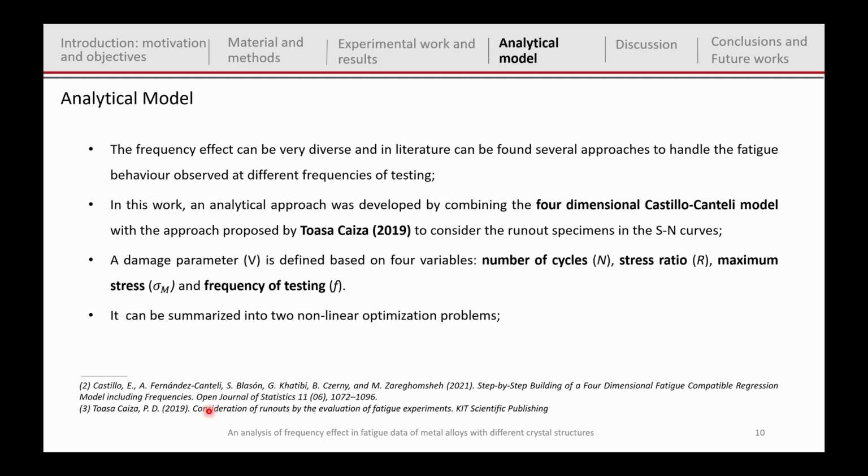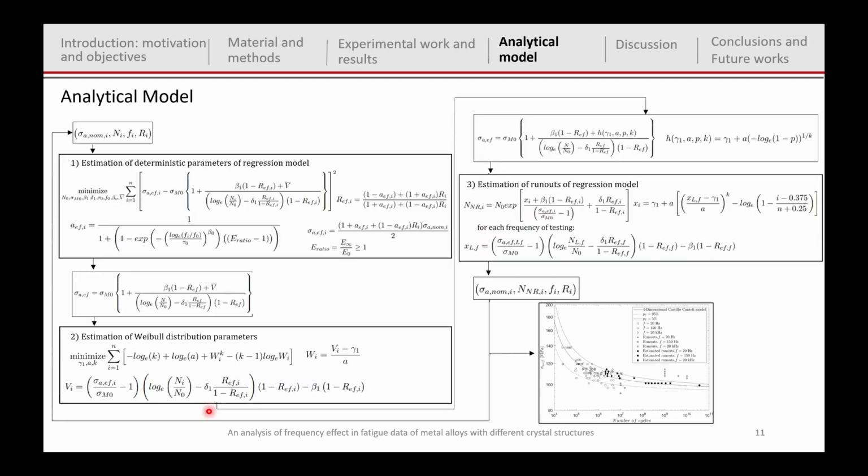They are very interesting models because, for example, for the Castillo-Canteli model, they basically define a damage parameter based on four variables: the number of cycles, the stress ratio, the maximum stress, and of course, the most interesting part, frequency of testing. And you can see here a summary of the algorithm that we defined and introduced in MATLAB.